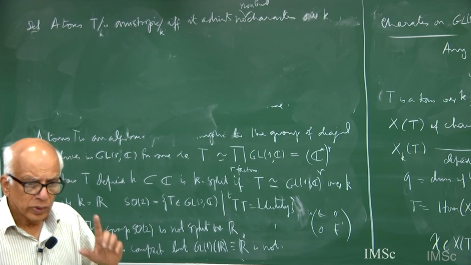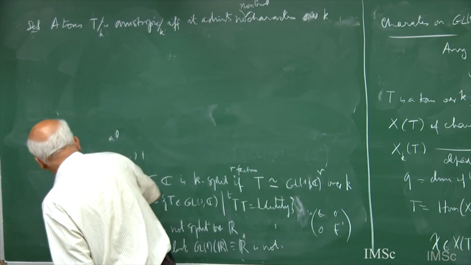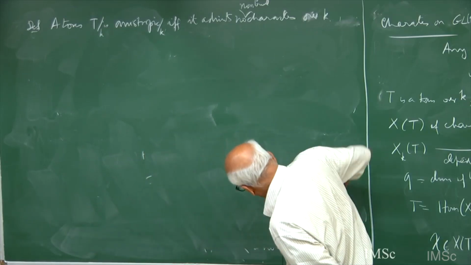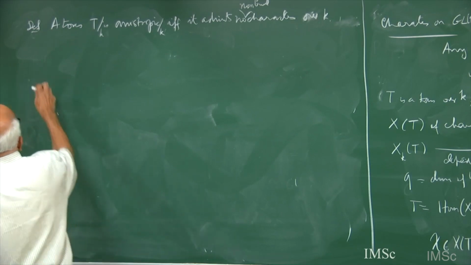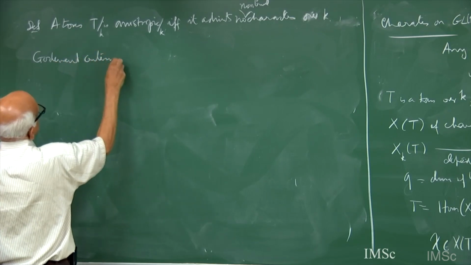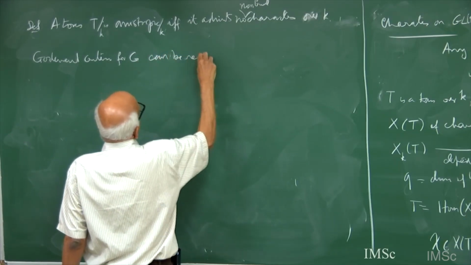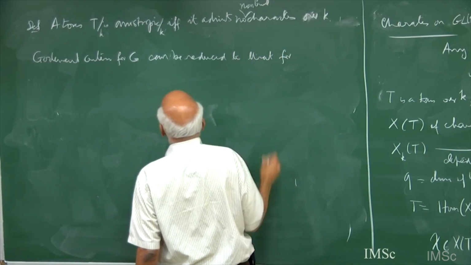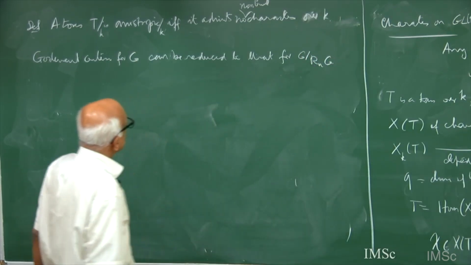And so the first reduction is to say that the Godement criterion for G can be reduced to that for G modulo R_u(G), what I call B. How does it go?